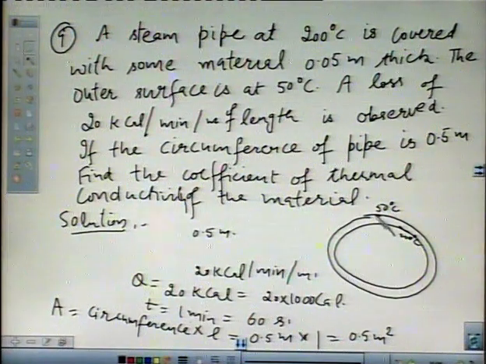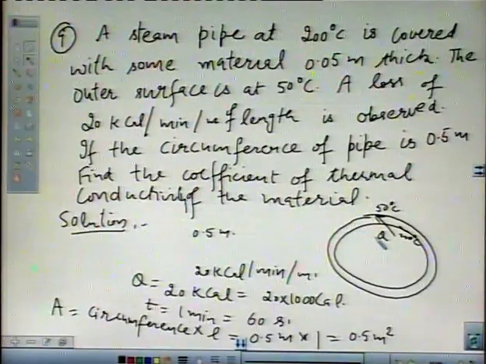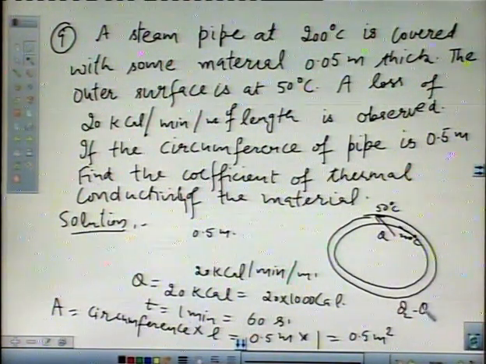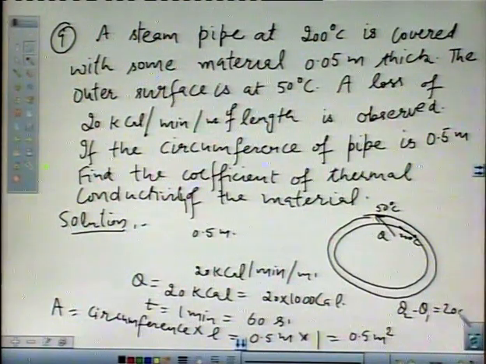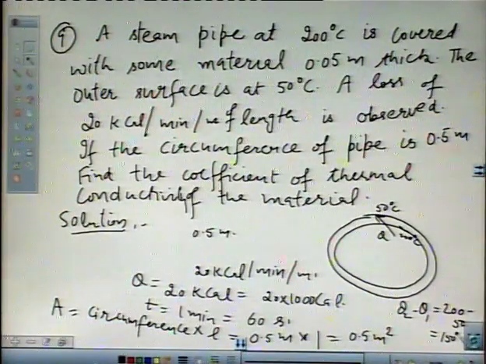So heat is transferred in this direction, the amount of heat transferred Q, and the difference of the temperatures theta 2 minus theta 1 is equal to 200 minus 50, which is 150 degrees Celsius.